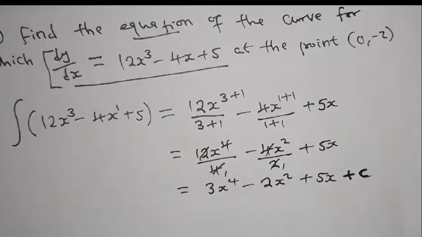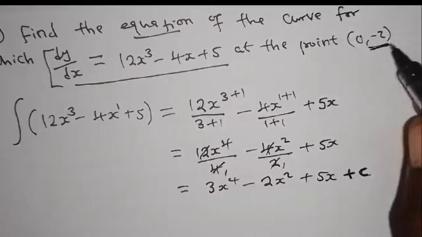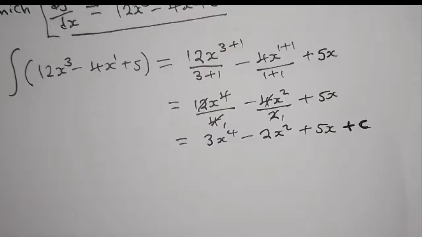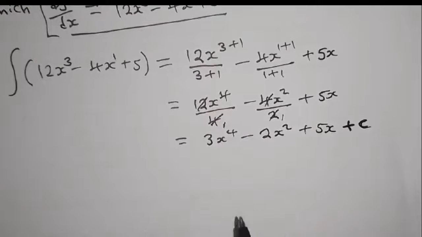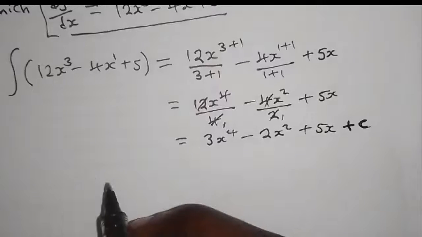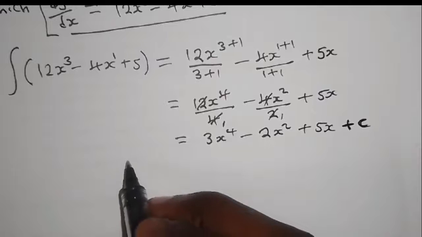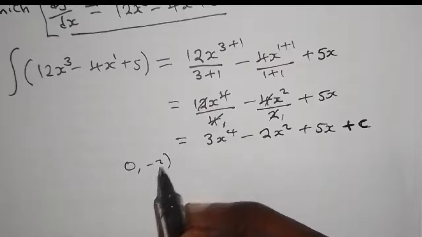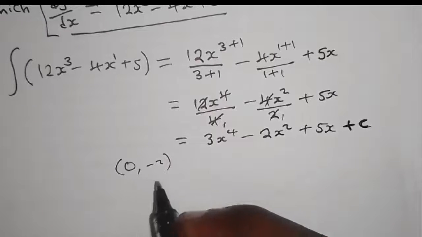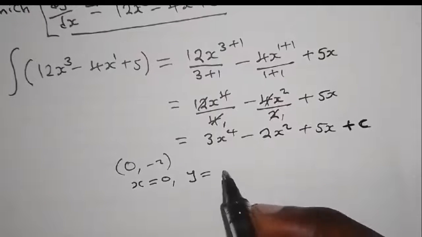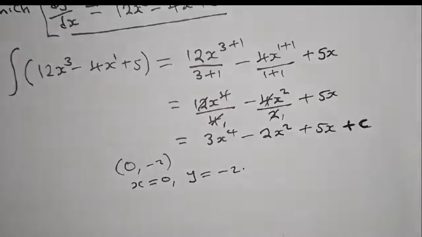Now, because we have the coordinates, the point, we can find c. So for this coordinate that we have, we know that x is 0 and y is -2.